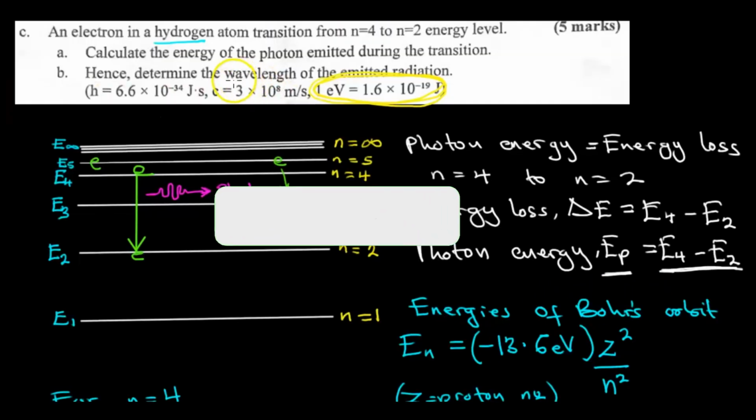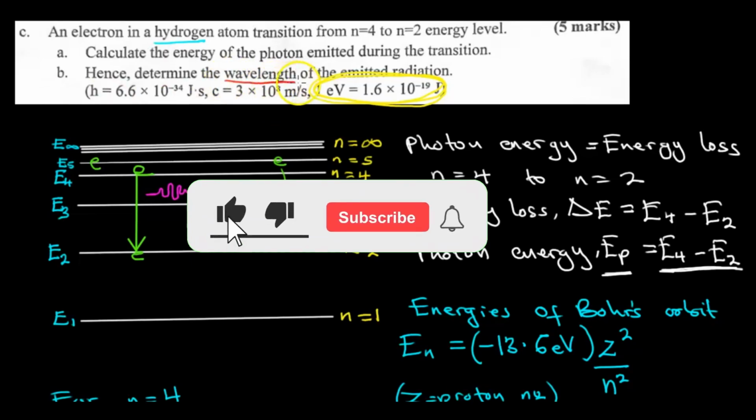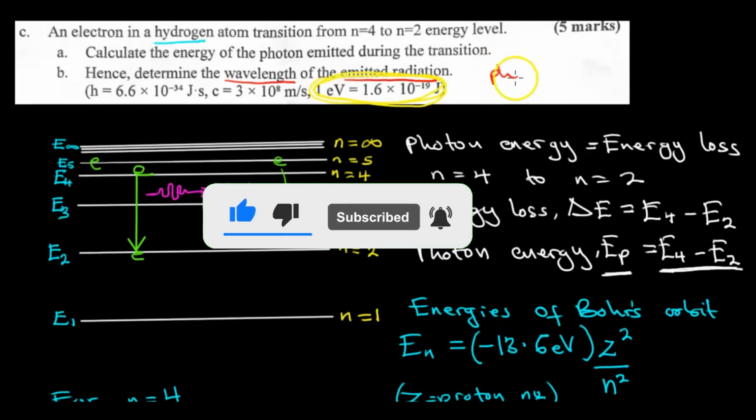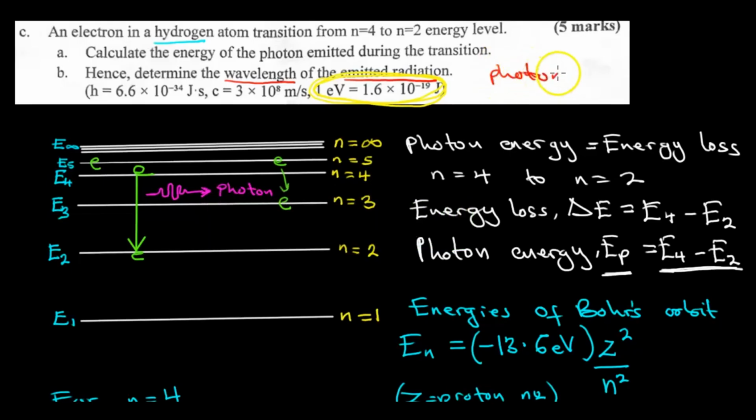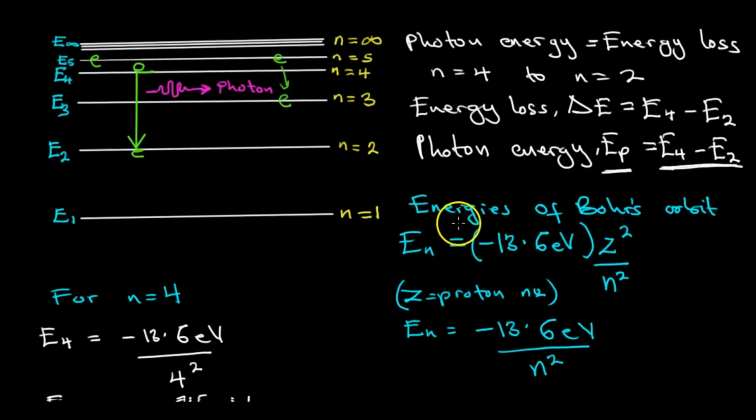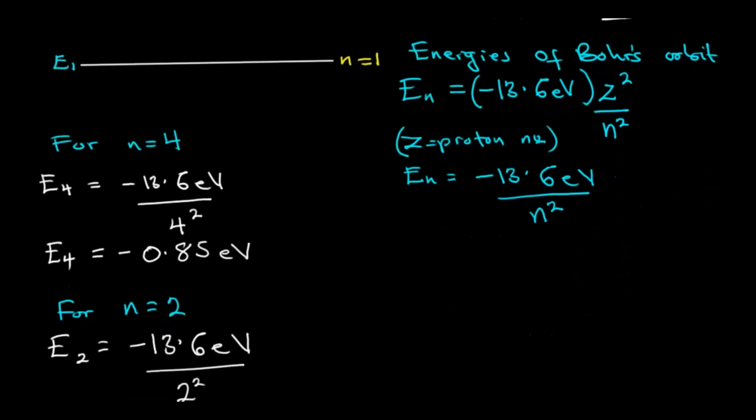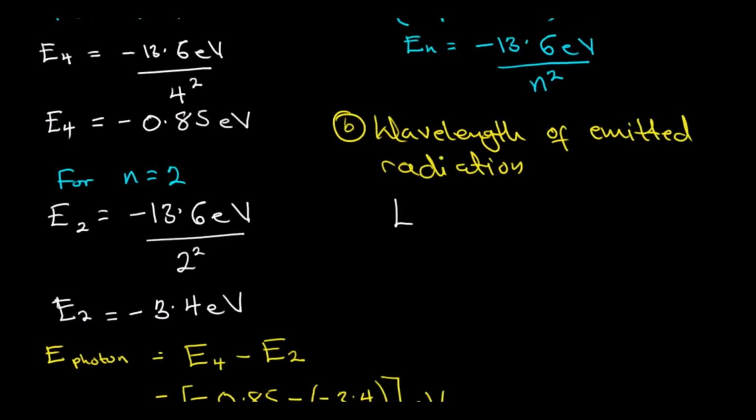The next question says we should find the wavelength of the emitted radiation, and the radiation that is emitted is the photon whose energy we calculated. So B, the energy of a photon is determined by multiplying Planck's constant with the frequency of the emitted radiation. In this case, we're interested in the wavelength, not the frequency.